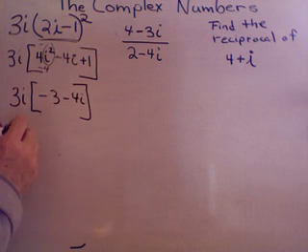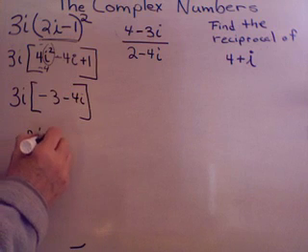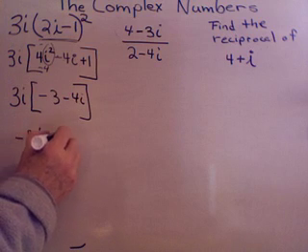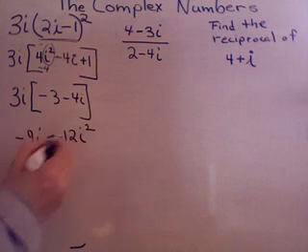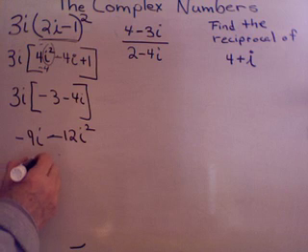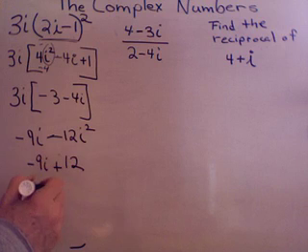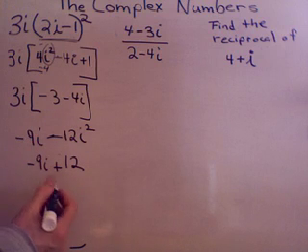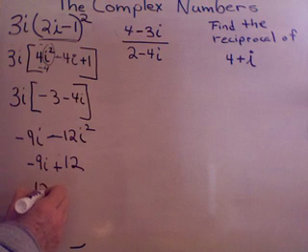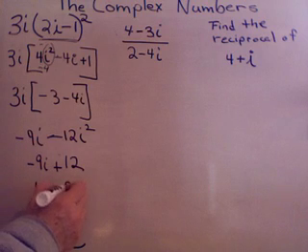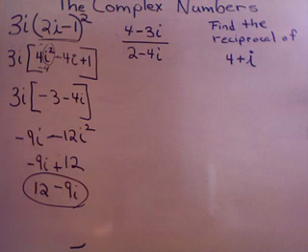Now I'll multiply the 3i in, so I get negative 9i minus 12i squared. i squared is negative 1, so I get negative 9i plus 12. In the form of complex numbers, it's best practice to write the real part first. So 12 minus 9i is a better answer, although both are indeed correct.